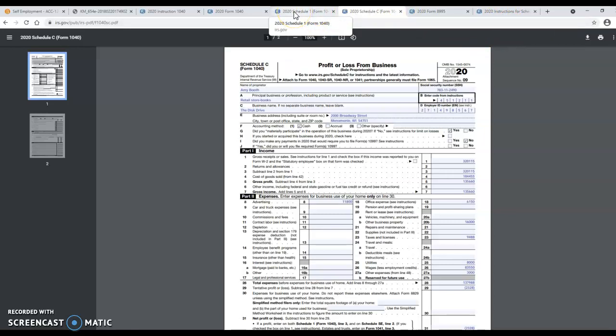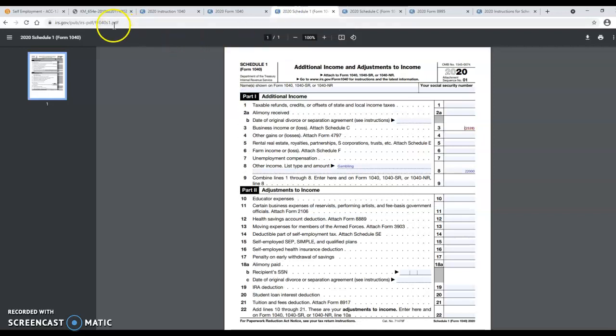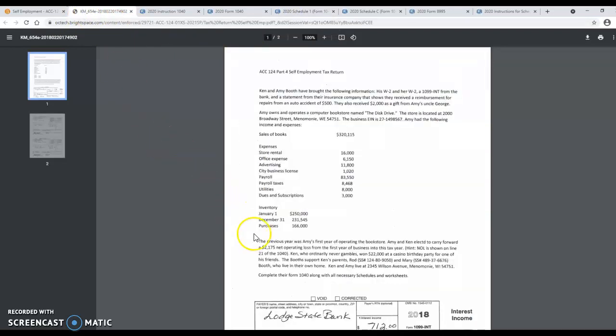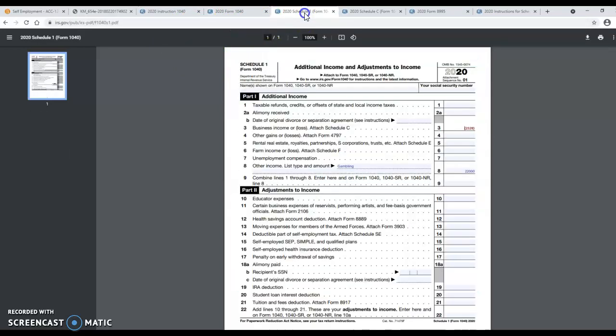Okay, so we're going to go back to Schedule 1. We do have one thing that we hadn't put in yet, which is the net operating loss from the first year of business, 2175 net operating loss. And so when we go on to Schedule 1, we're going to have to put that on line 8, which is miscellaneous types of things.